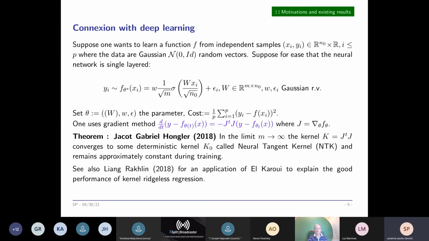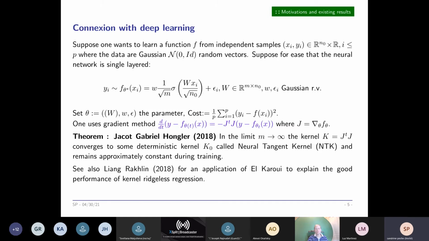So yi is, there is an abuse of notation here, the best estimate we can get of the function f using our neural network. This means that yi will be obtained from the right-hand side using some optimization by gradient descent.